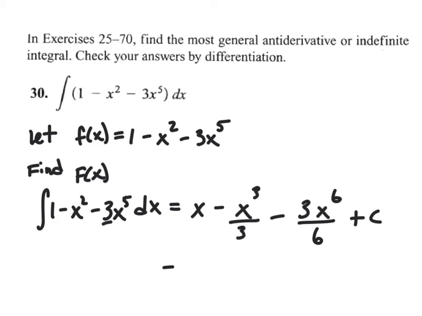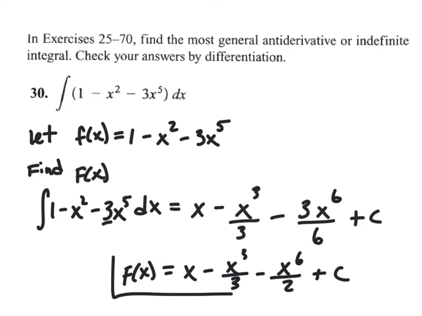So we can actually simplify this out and say that we get x minus x cubed over 3 minus x to the 6th over 2, and then plus c. And that's really our big F of x. That's our antiderivative.